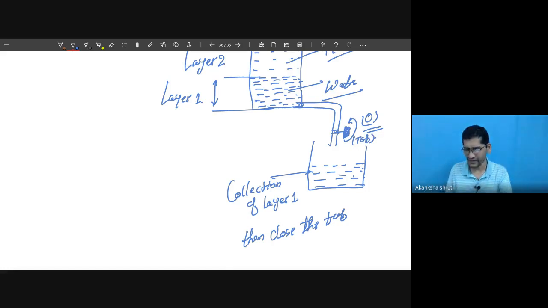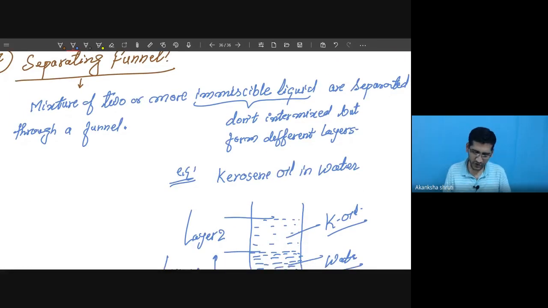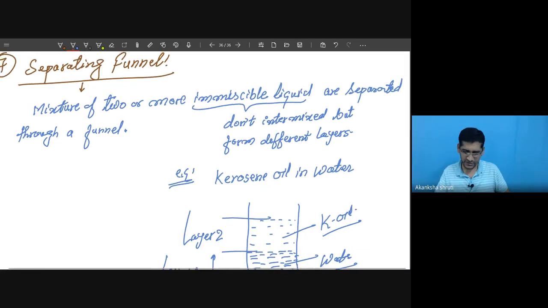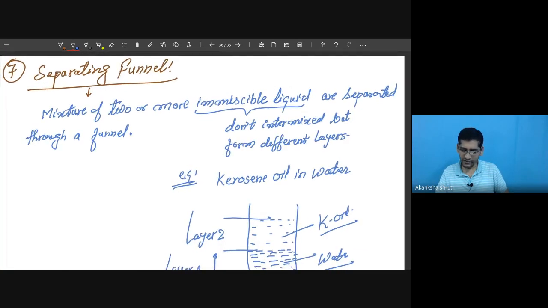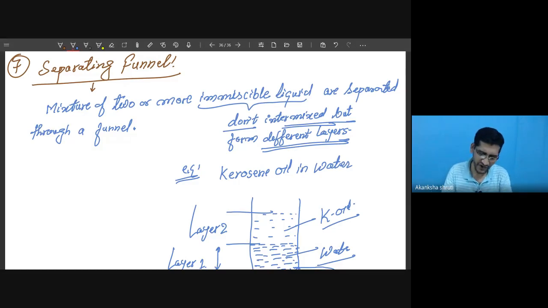So first it is open, then finally it is closed. Get it? The important thing is that it is used only for two or more immiscible liquids, means those liquids which do not intermix but get collected in the form of different layers. This is important. So no mixing, but different layers are formed.